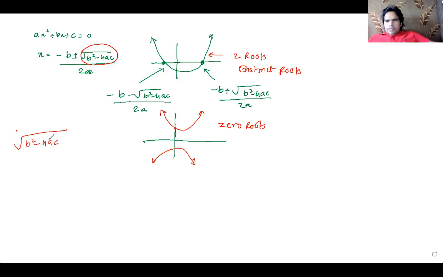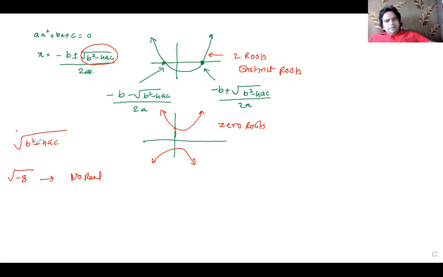Now for the root of b squared minus 4ac, if I pick a number like root of negative 8, the solution to this is non-real. You can't find the root of minus 8 with the real number system.